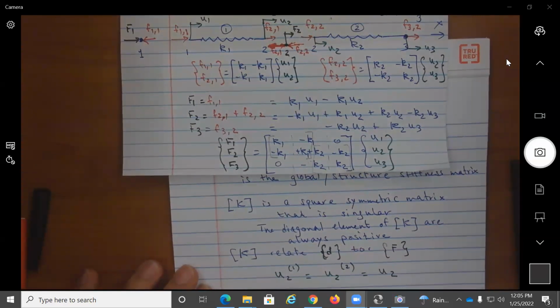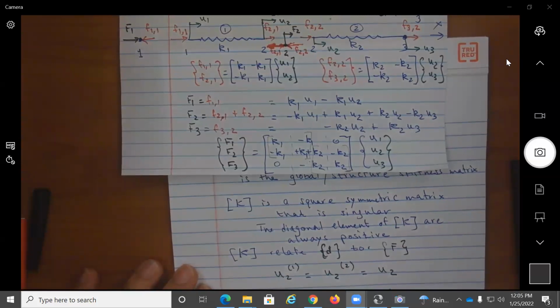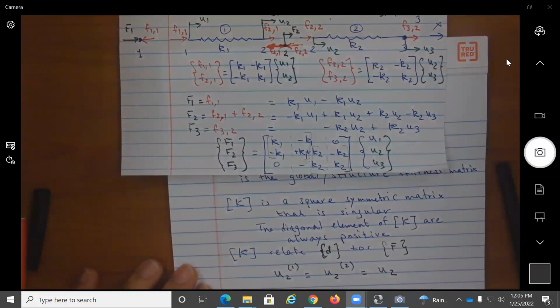And what we're saying here is elements 1 and 2 must remain connected at the common node 2.